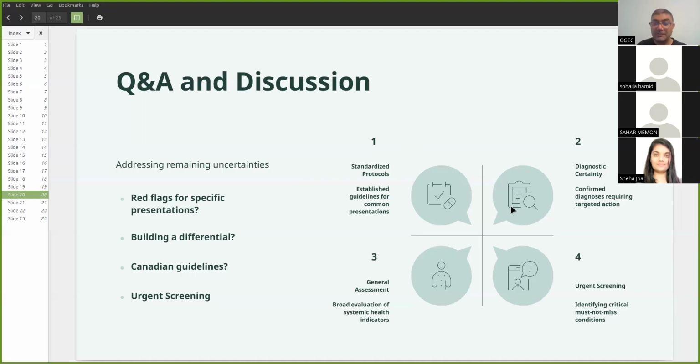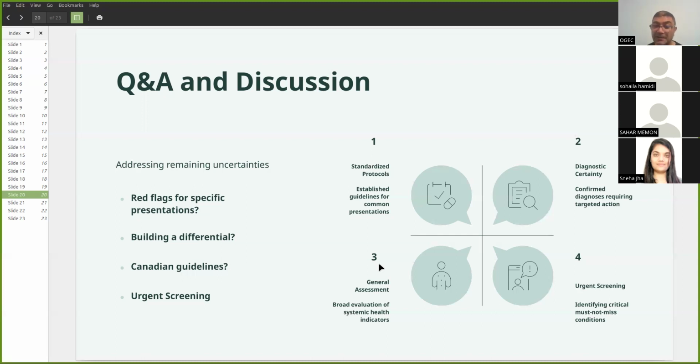So we have to read carefully the question stem, because we may find red flags in it. We may find the diagnosis or the gold standard investigation to diagnose the patient. Everything can be there, and accordingly, we have to choose the best next step. We have to assess the general condition of the patient.